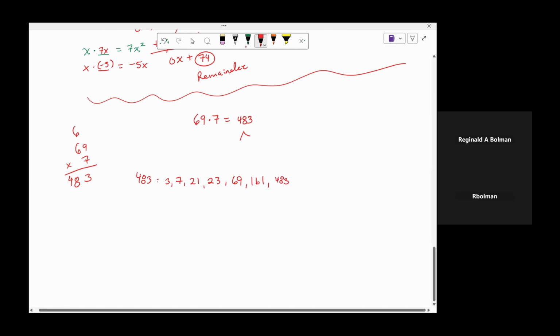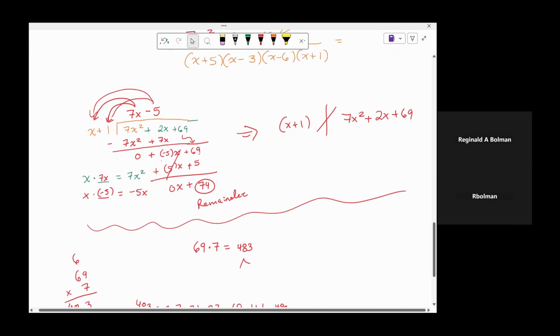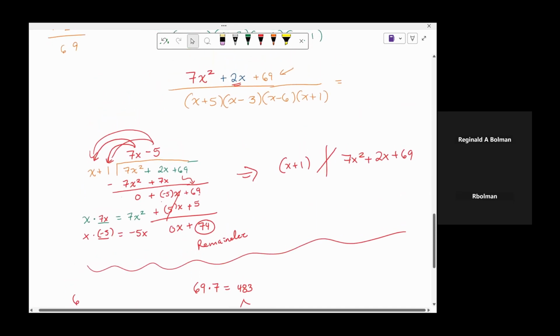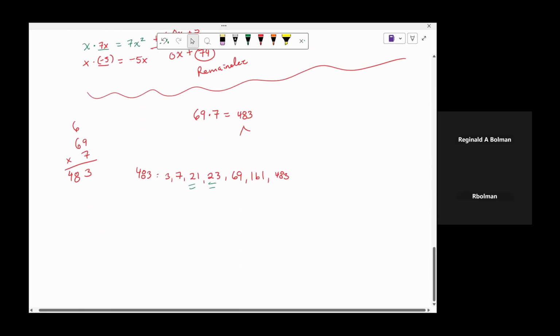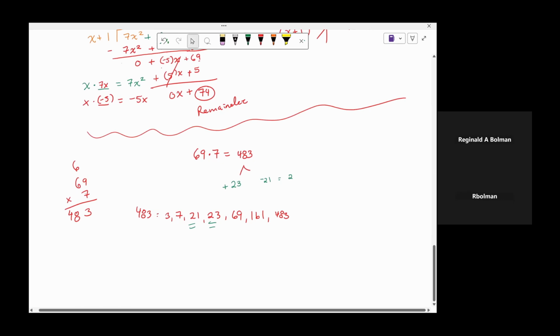If you note, two of our factors would be this 21 and 23. And if I make one positive and one negative, I should be able to hit that 2. Suppose I have a positive 23 and add it with a negative 21. That will indeed give me 2 when I add those together.